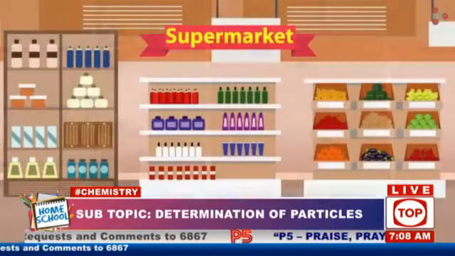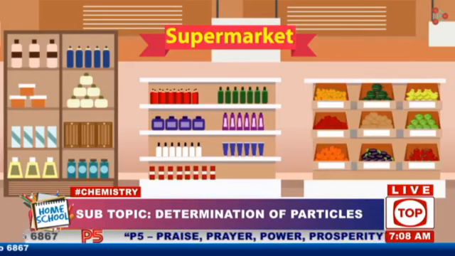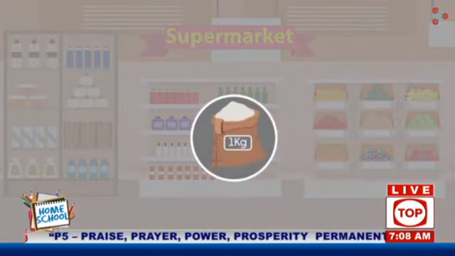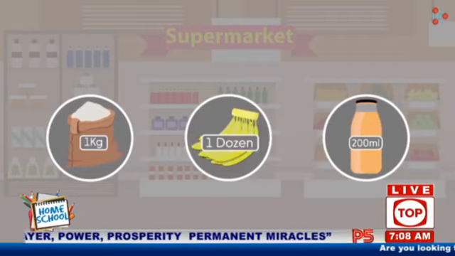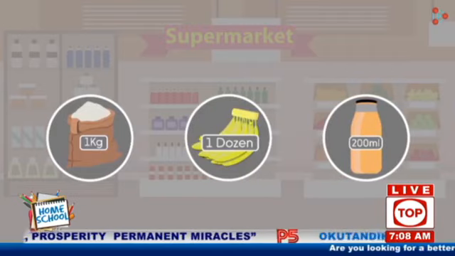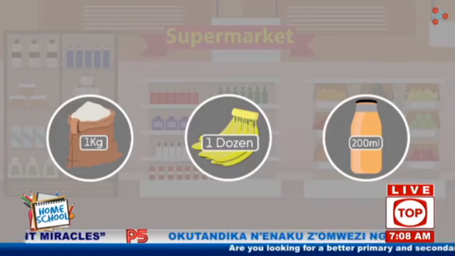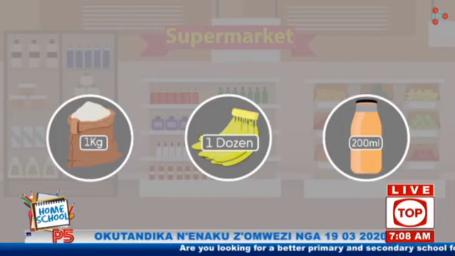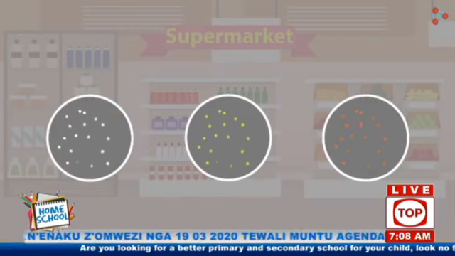Supermarket, we always buy things using standard values. In other words, we always take 1 kilogram of rice or 200 milliliters of fruit juice. Fruits are sometimes counted using the unit dozen. 1 dozen means 12 of something. These are terms used in everyday life. But what if I want to measure something in terms of the number of tiny particles present in it?